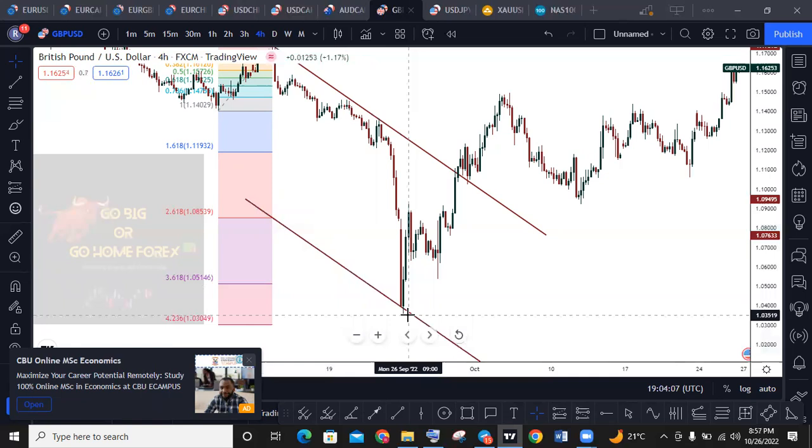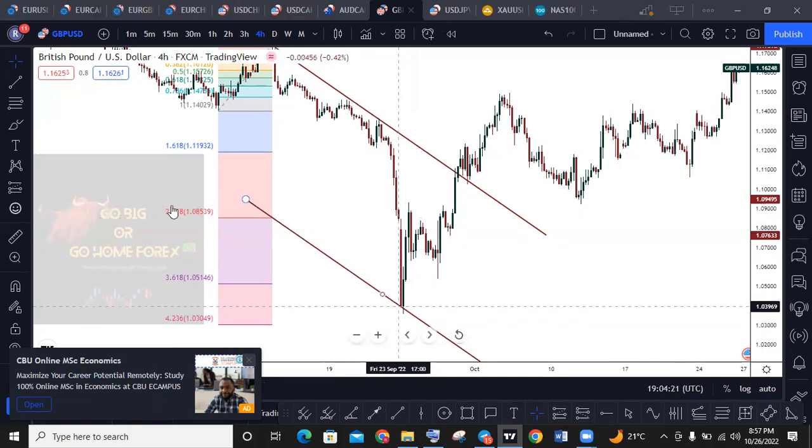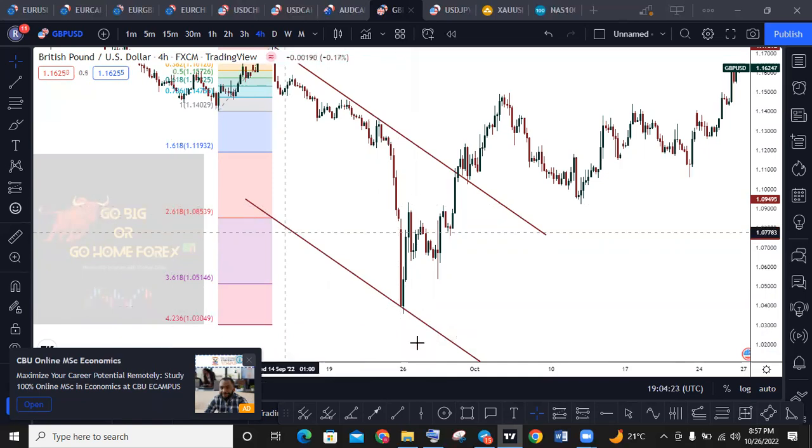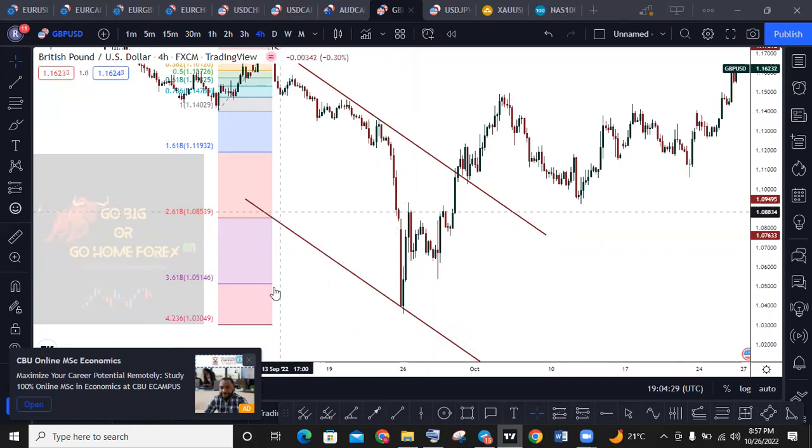So if you wanted to buy at this level here, you were going to experience one loss. But when you copy this same line, you drag it down, you insert it at this 2.618, the market now reverses. So you cannot know in advance which level of the Fibonacci retracement is going to reverse price in the future.